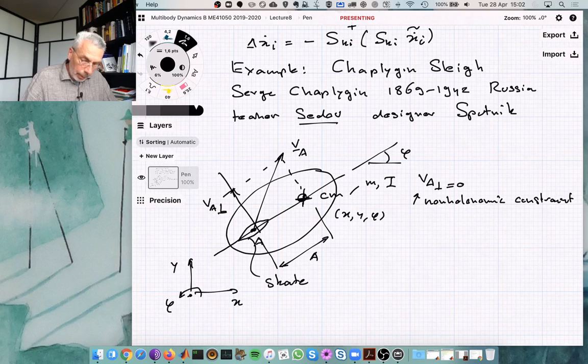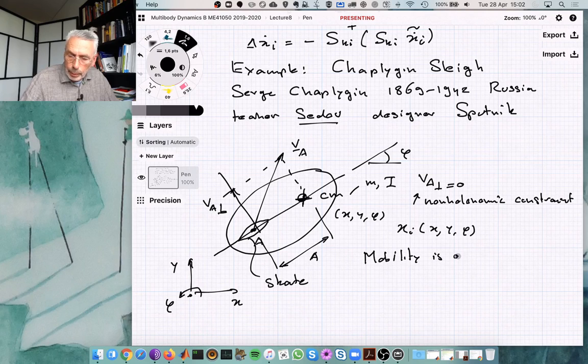As coordinates, of course, it's one rigid body, X, Y, and phi. Now, before we do any derivation, the mobility. What is the mobility? I would always say the mobility is about possible velocities, how you can move.